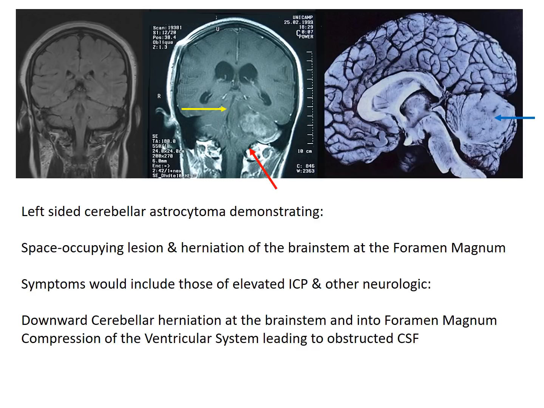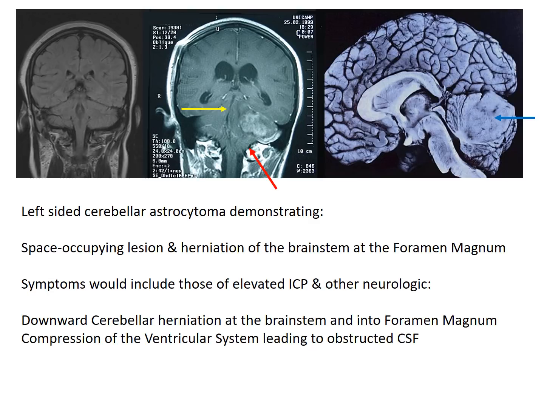And then at the red arrow, you can see the downward displacement of that tumor on the brainstem. And then in the postmortem section, you can see that large tumor inside the cerebellum and see how that tumor is starting to take over and invade into the cerebellum.